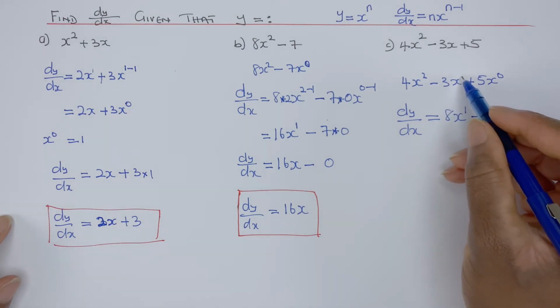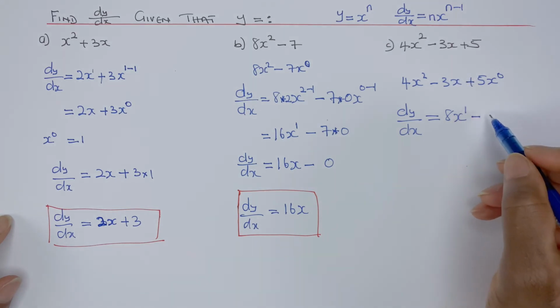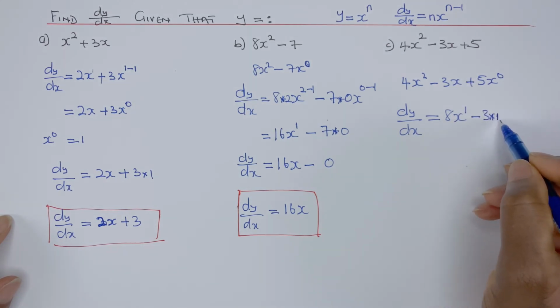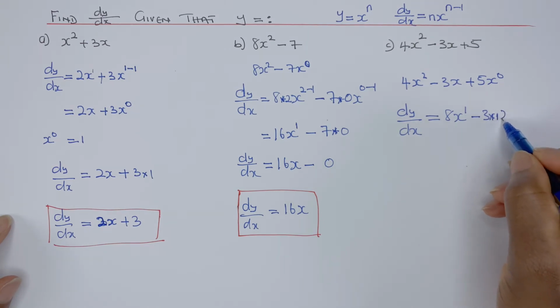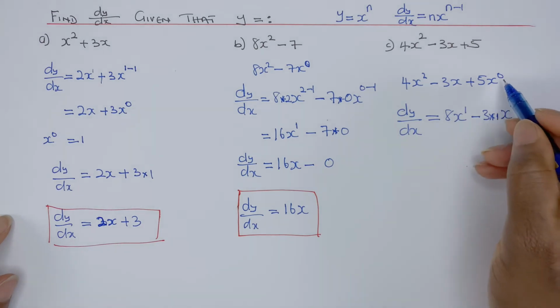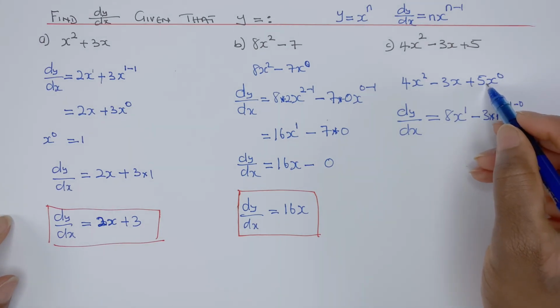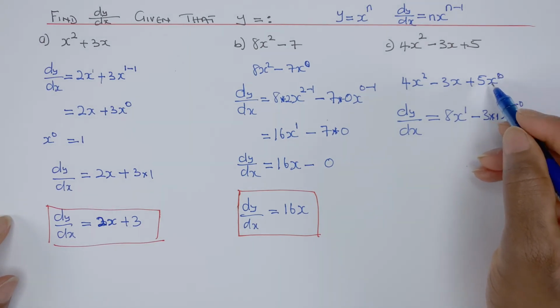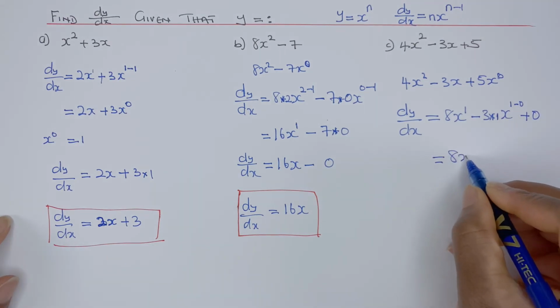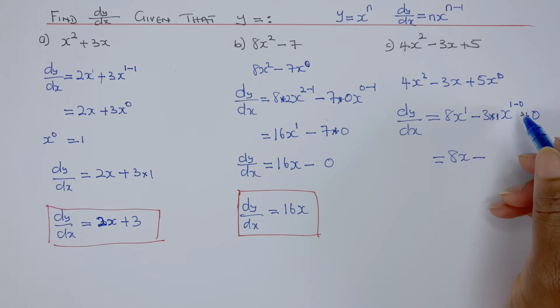Minus, this is 1 here. So 3 times 1 is 3. x, 1 minus 1, plus 5 times 0. So basically 0 times 5 will be 0, so that's just 0. And that will be equal to 8x minus, sorry, 1 minus 1.